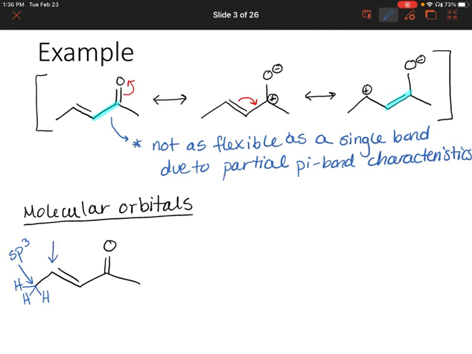Is that sp, sp2, or sp3 hybridized? That one is sp2 hybridized. That carbon is bonded to 2 other carbons and 1 hydrogen, so its steric number is 3, so it is sp2 hybridized. And what about the one next to that?